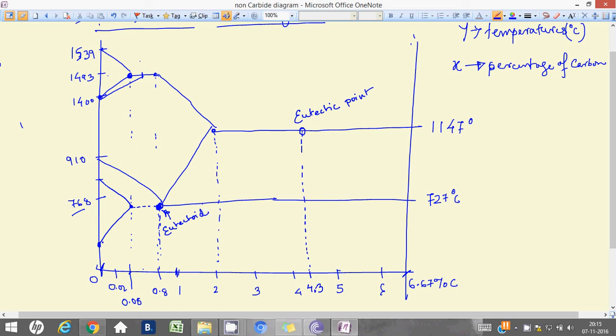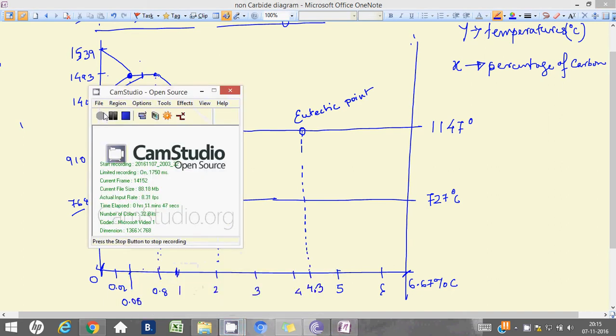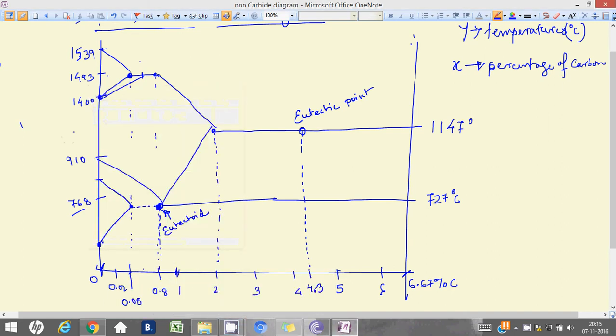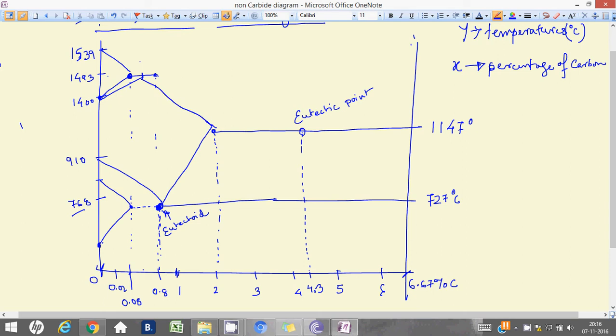Okay, let us do one thing. Just a minute. As we have drawn this line, we have made a simple mistake. Suppose let us draw this line from this point that we have taken.